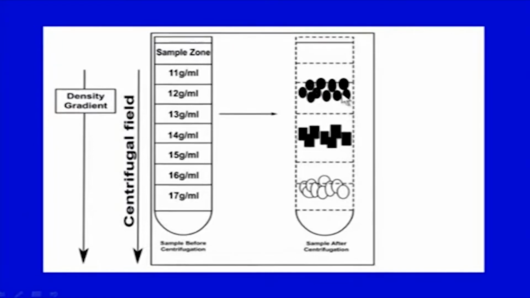So, at a particular time when it is switched off, these particles are separated mostly on the basis of their size. Like I said, these particles are mostly of the same density, so they will be separating on the basis of their size. So, this is how rate zonal separation is achieved.